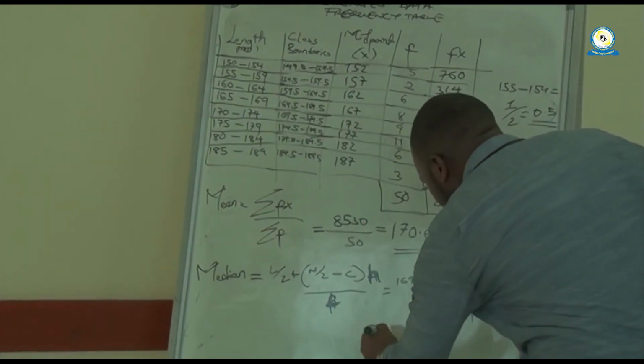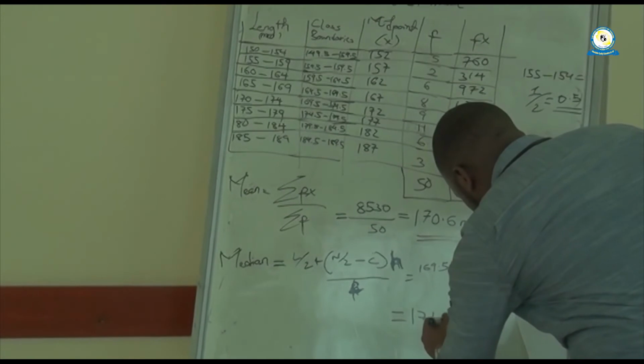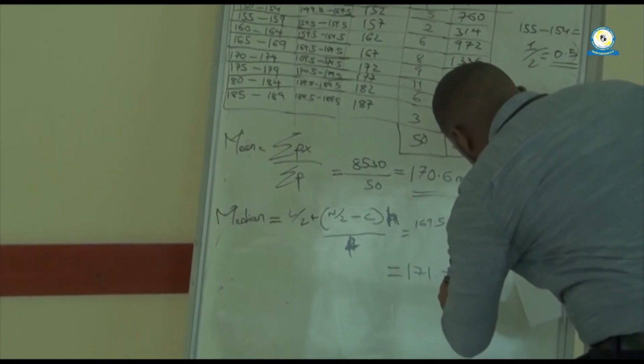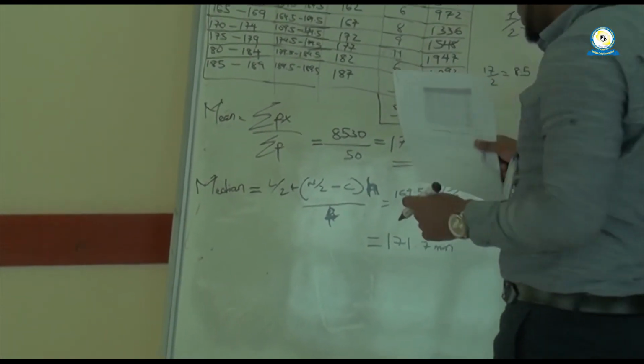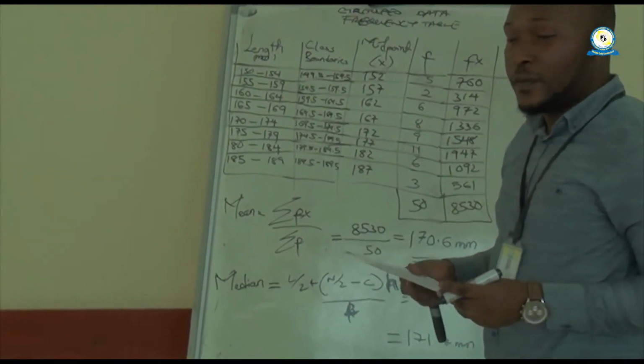When you do the calculations, the product should give you 171.7 millimeters. Okay? This is the median.